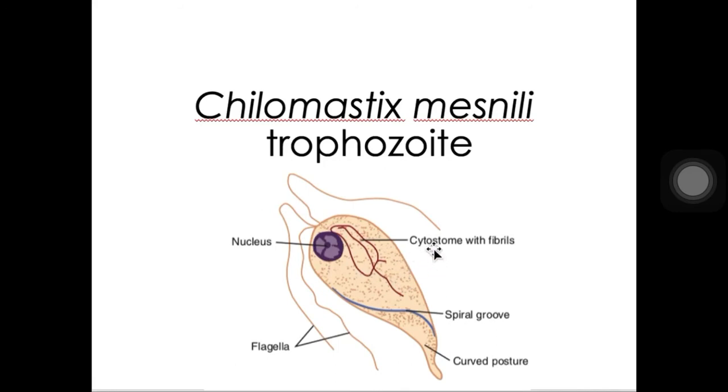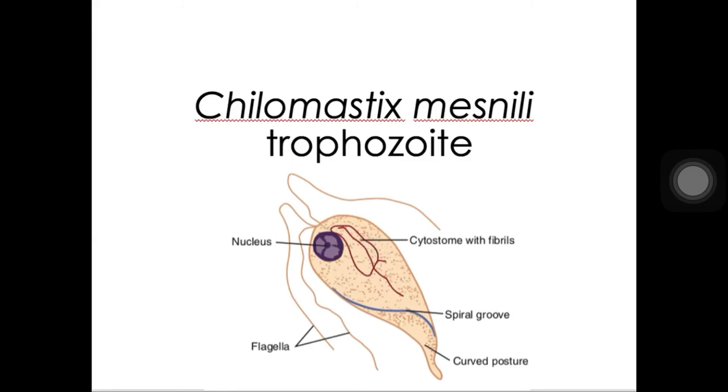Cytostome po is a term for simply the mouth of your protozoans. And then we also have here presence of a spiral groove. And the structure bordering the cytostome nga po resembles a shepherd's crook. So we have here a shepherd's crook morphology for your Chylomastix mesnili trophocyte.